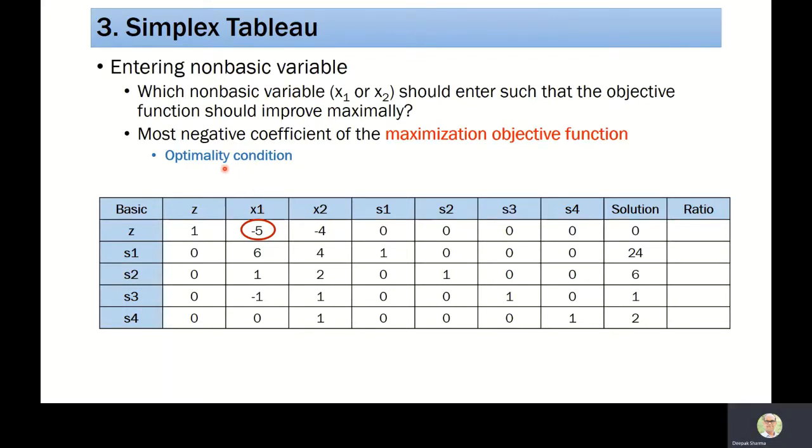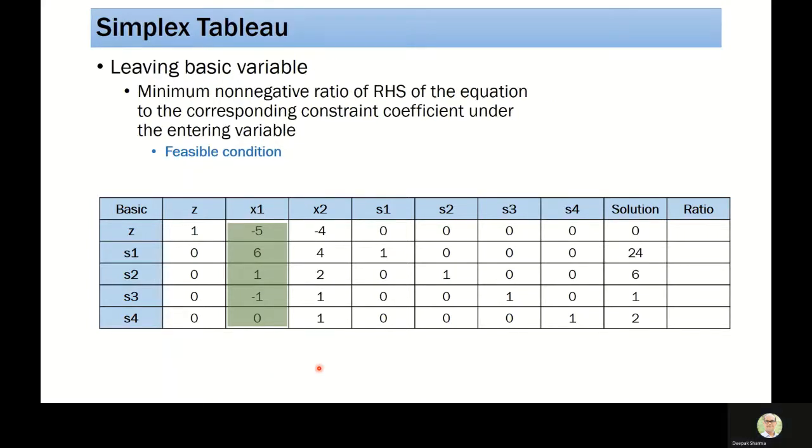The condition I have just discussed is called the optimality condition. All the coefficients corresponding to x1 we are going to use in the later slide, and the entering variable becomes x1 for the current problem.